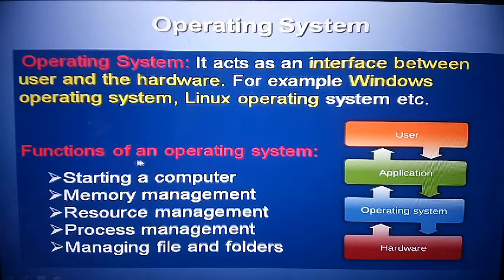Here are some important functions of the operating system. Number 1, starting the computer, which means booting the computer. Second, the memory management system: how much space you have in the computer, all the memory is managed with the help of the operating system.